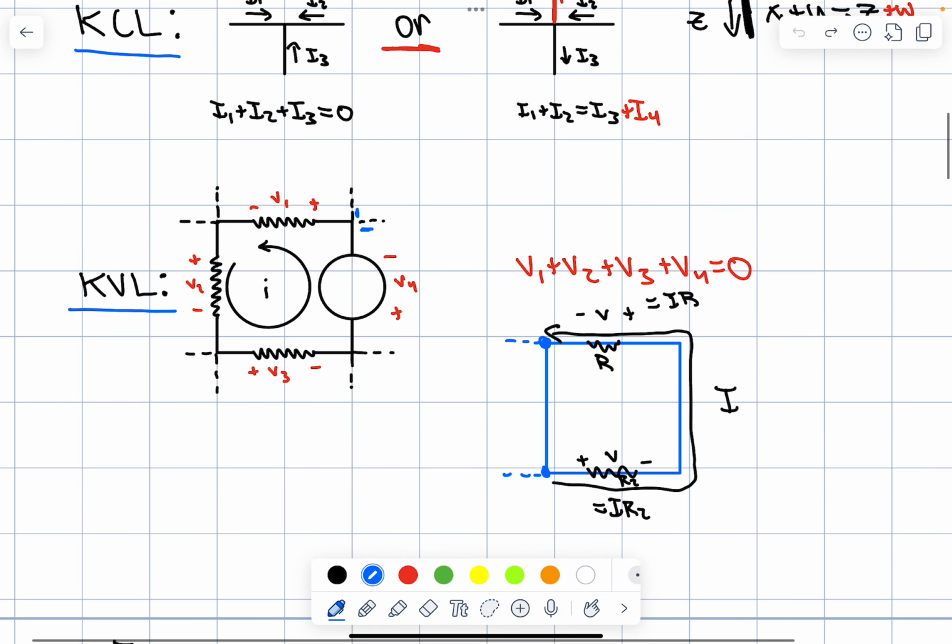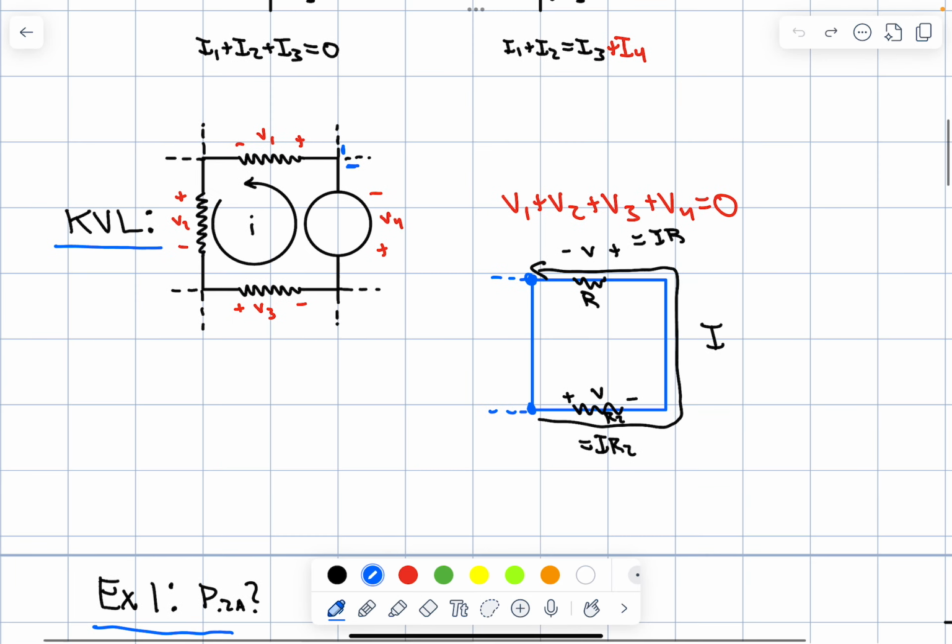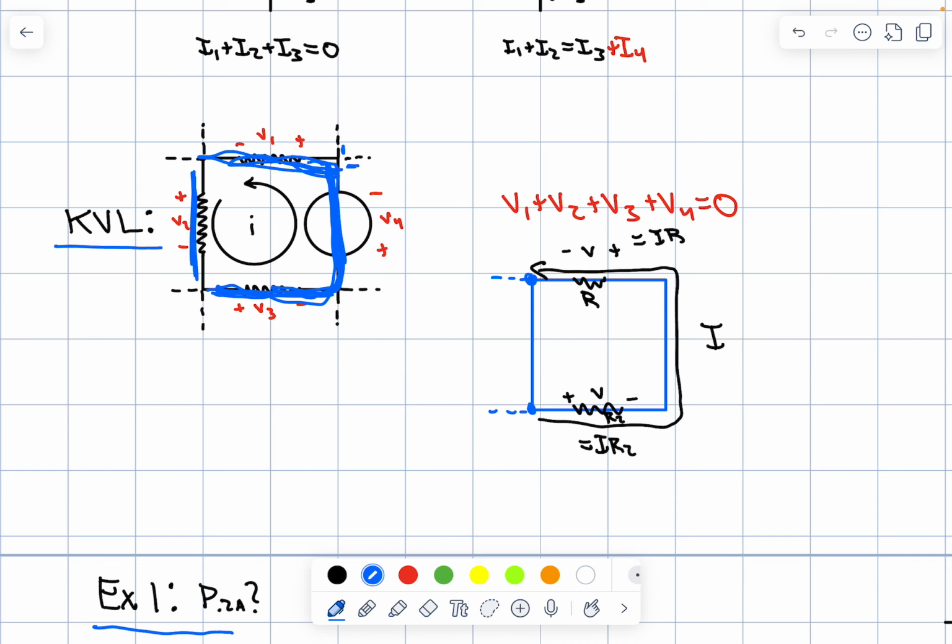Now, KVL can be a little more complicated because it depends on your wire instantiation. For instance, is this one isolated wire? Is this left, or is this right and bottom one wire? Or maybe this is included and they're all one wire here and this is a standalone wire.